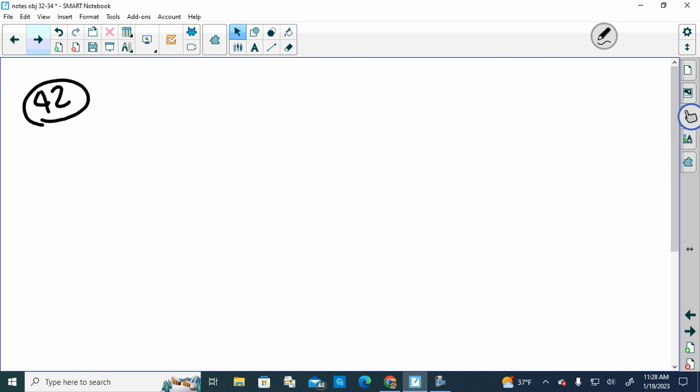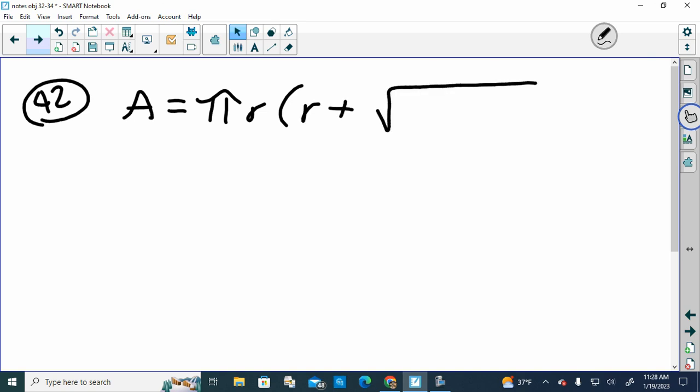Okay, so number 42, it says calculate the exact surface area of the cone. It just says the cone's not drawn to scale. We don't need to pay attention to that. We'll just use the numbers that they gave us. Our formula that you wrote for surface area of a cone is pi r, and we have parentheses, r plus, and then a square root, h squared plus r squared.